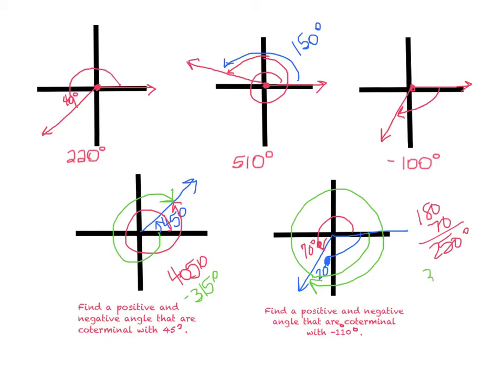So we went 360 backwards, we went another 90, and we went another 20. So this angle would have degree negative 470. So this would be my positive, and this would be my negative coterminal angles.